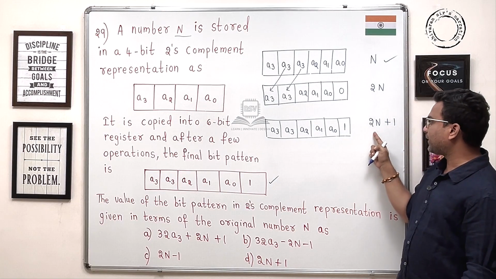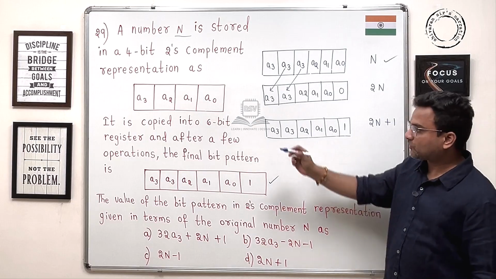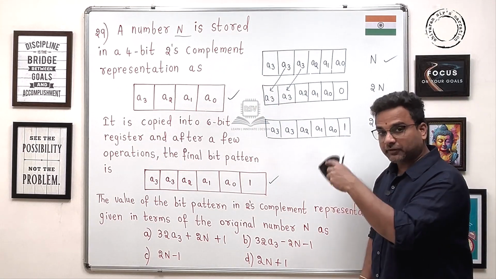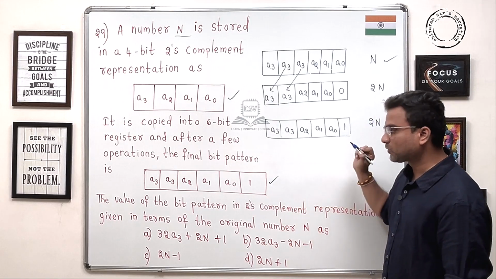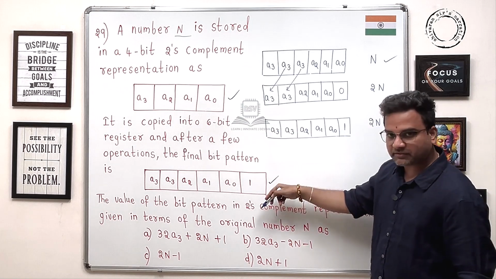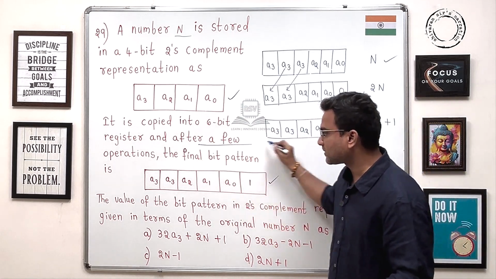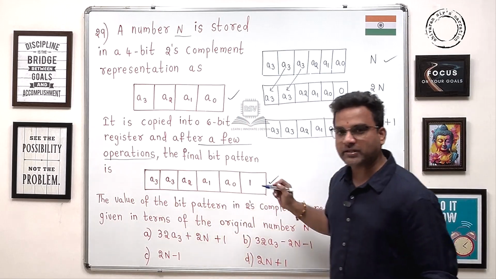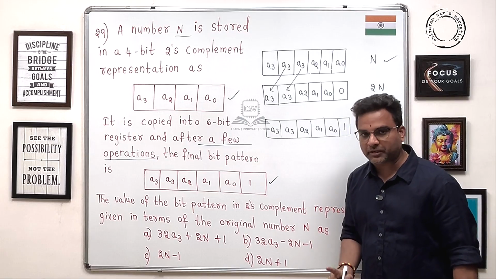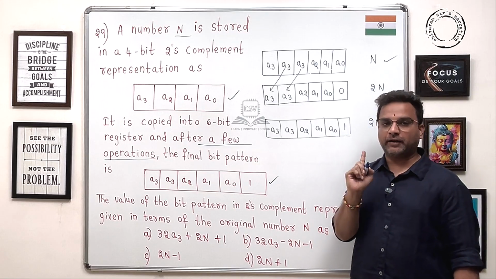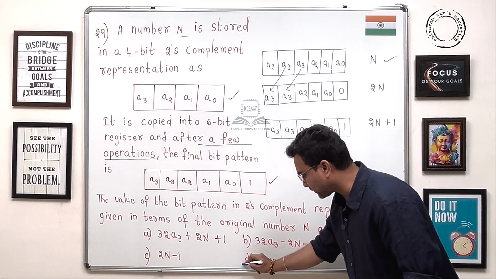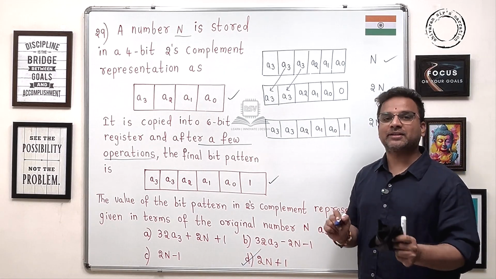That means 2n plus 1. To convert this 4-bit 2's complement representation into a 6-bit 2's complement representation in this way, the operations are: first we copied the MSB, then we did the shift left operation, and then we added 1. So as per the options, the right answer is option D, 2n plus 1.